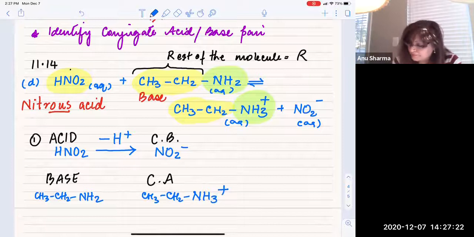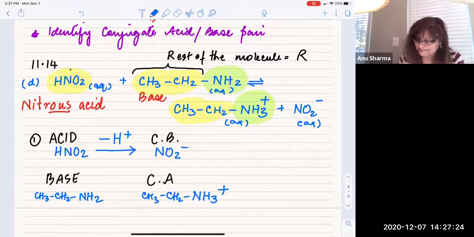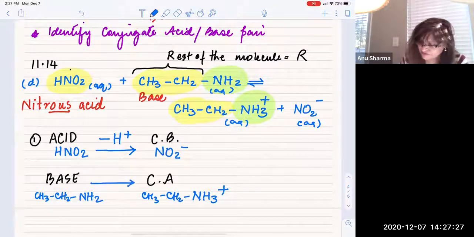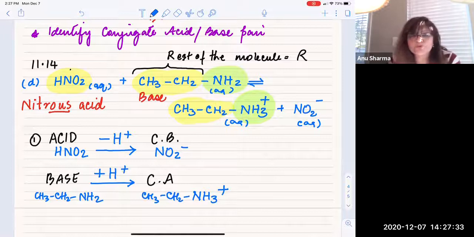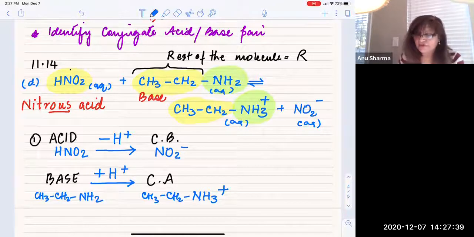It's weird, right? But that is what it is, the conjugate acid. So this one, the base, has added that one hydrogen ion, which was given by the acid HNO2. So this is what the question is simply asking: identify the conjugate acid-base pair. So just keep in mind that the acids, some of the common names of acids you should know by this time.